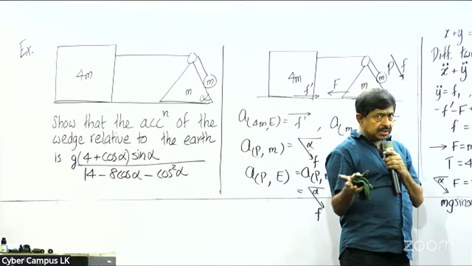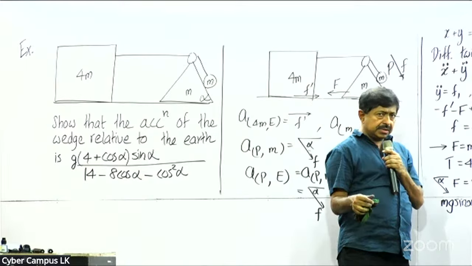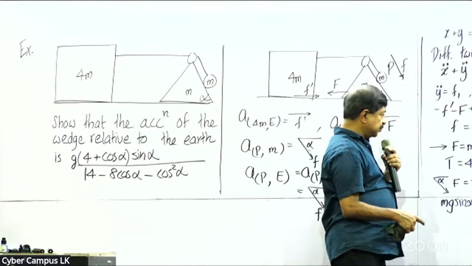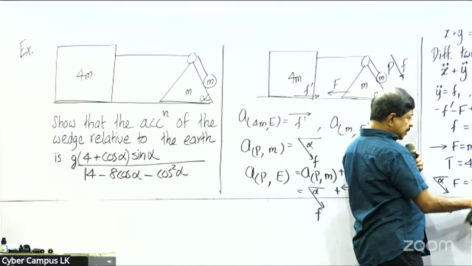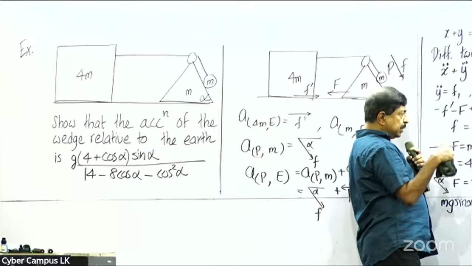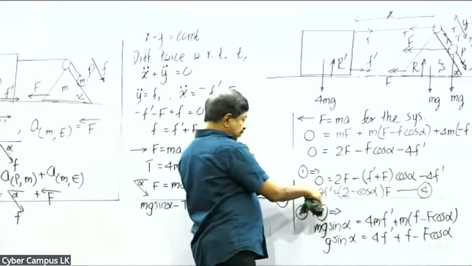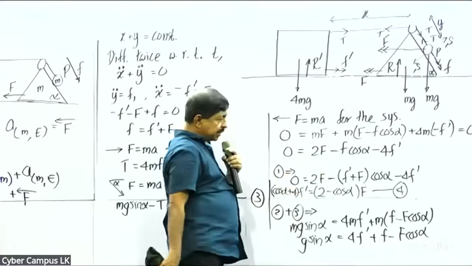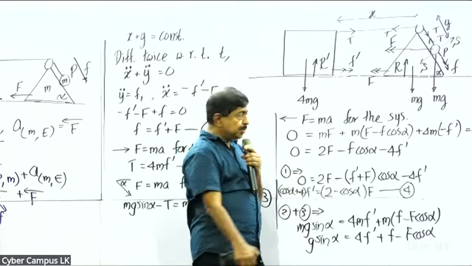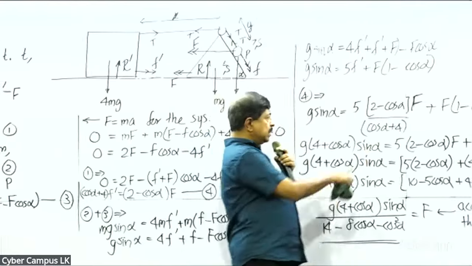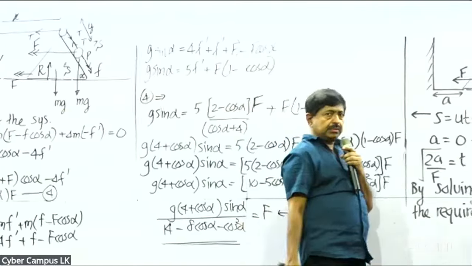That is something which can be handled with a little more ease, I would say. Then when you add these two, T will go away. So you get only 2 variables, which are F dash and F. So make F dash the subject and replace it by capital F. So the only variable that appears after that would be capital F. So you can easily solve it.